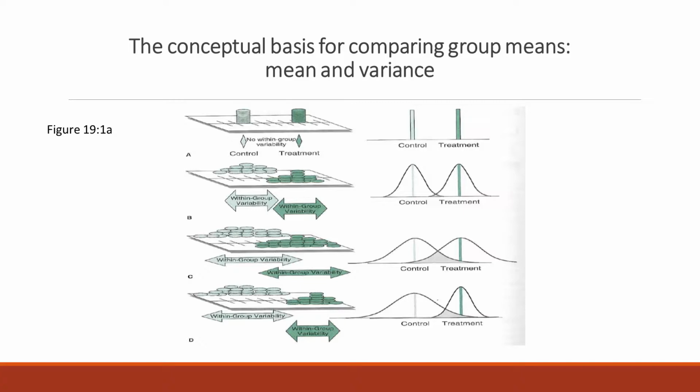Random assignment allows us to assume that these error components are unsystematic chance variations and therefore are independent of the treatment effect. The distribution in figure 19.1b is represented by a pair of curves. This graphic shows means that are far apart with few overlapping scores, the gray area at one extreme of each curve.